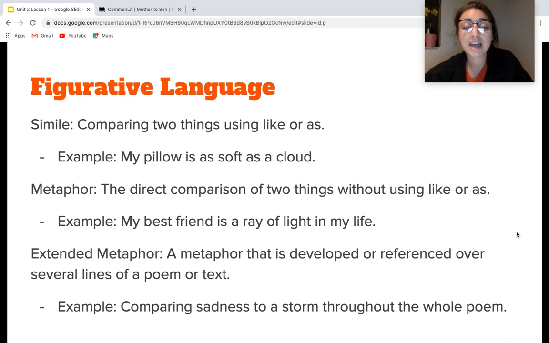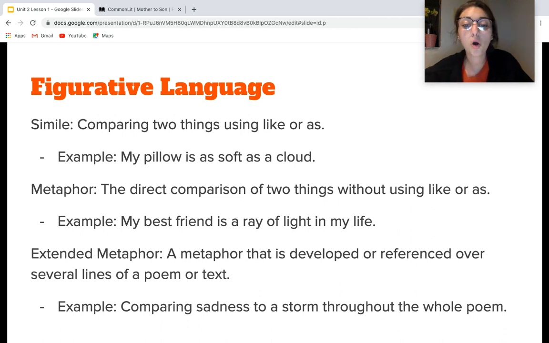And then an extended metaphor. This is the one that gets a little bit tricky and it's hard to notice sometimes. An extended metaphor is a metaphor that is developed or referenced over several lines of a poem. So it is a metaphor, but it's an extended metaphor because it's referenced throughout the whole poem or over a couple of lines. An example of this would be if you're writing a poem comparing sadness to a storm, and you do that throughout the whole poem.